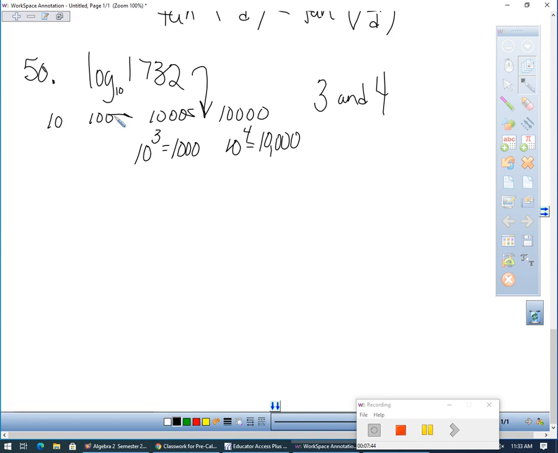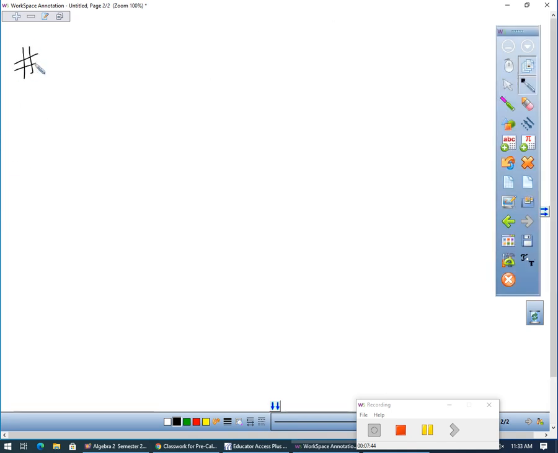All right, number 51. In number 51, it says, which of the following is an equation for the vertical asymptote of the graph? Y equals secant of 6x minus pi.